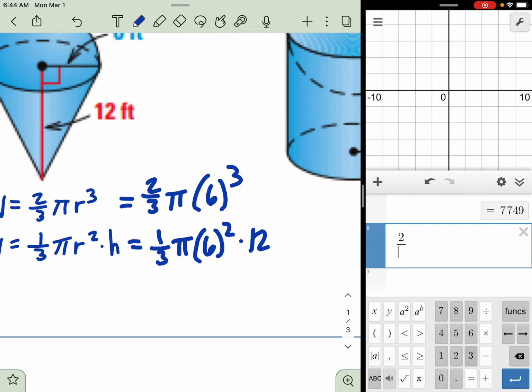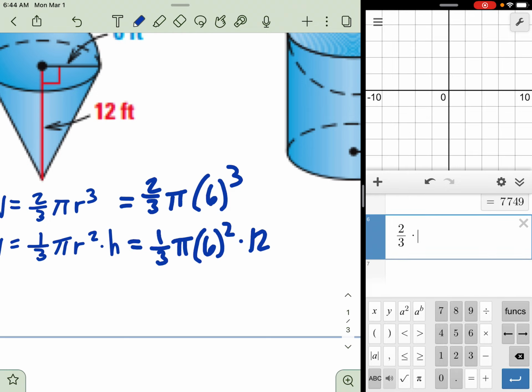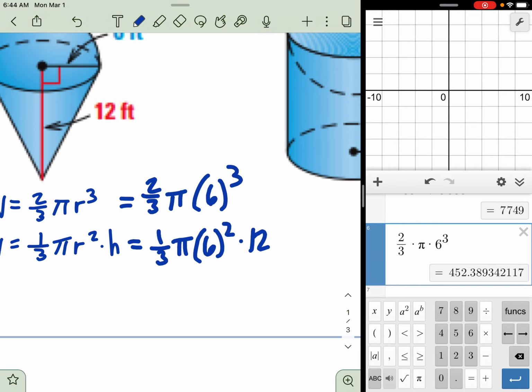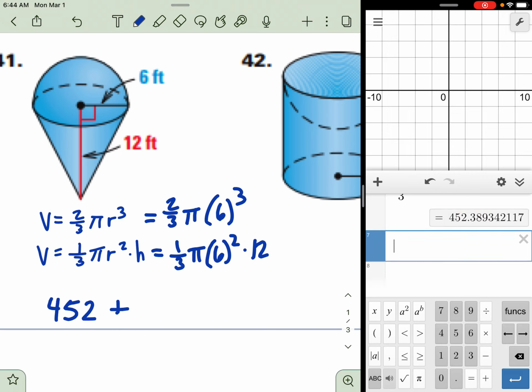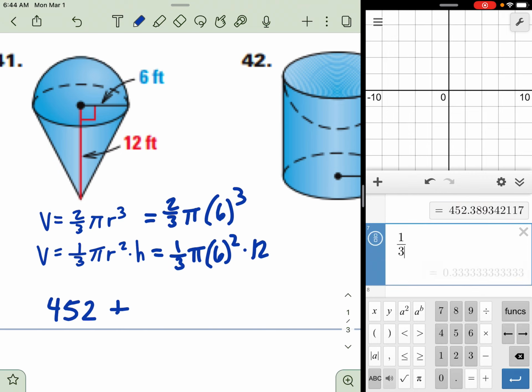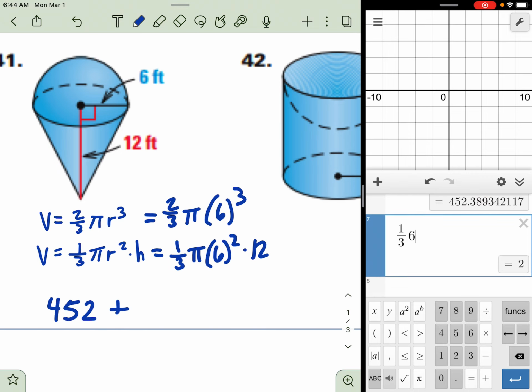2 divided by 3 times pi times 6 cubed. Okay, so the top one is going to be 452 feet, and the bottom one is 1 divided by 3 times pi times 36, because that's 6 squared, times 12.